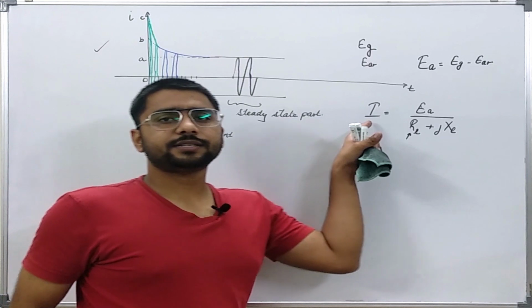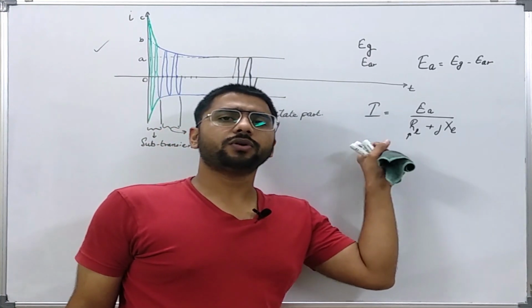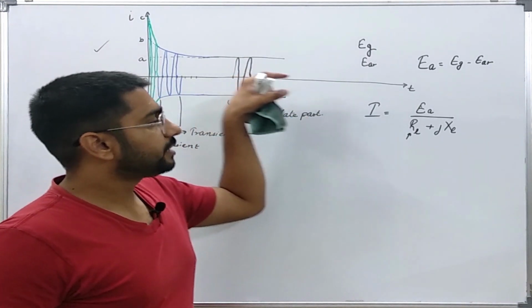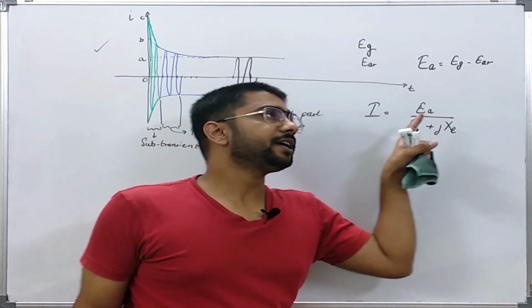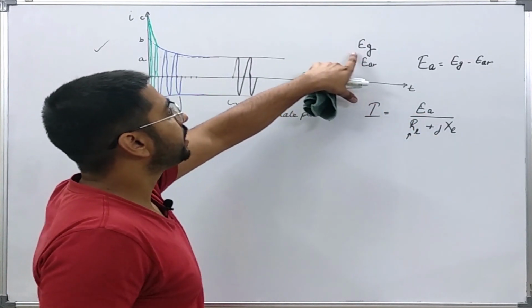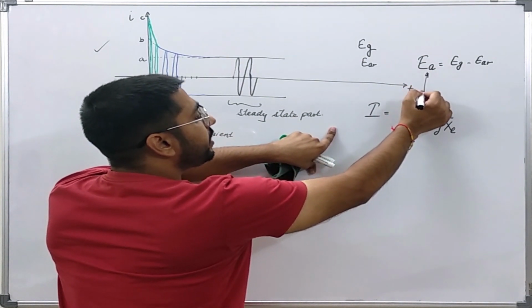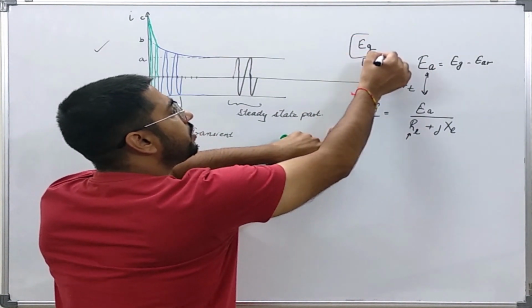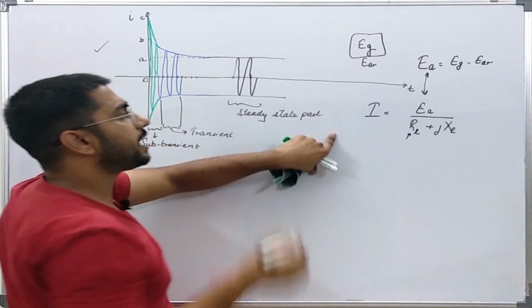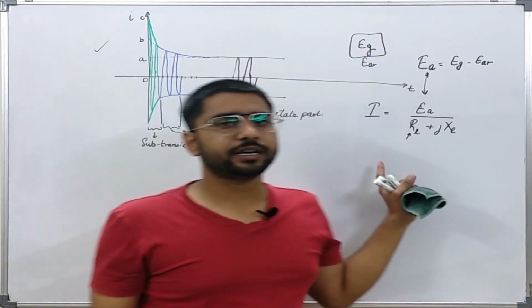So this is the steady state current which is going to flow in the synchronous generator armature winding. I have taken the final air gap EMF here instead of the no load induced voltage in the air gap. That's why there is no synchronous reactance here.